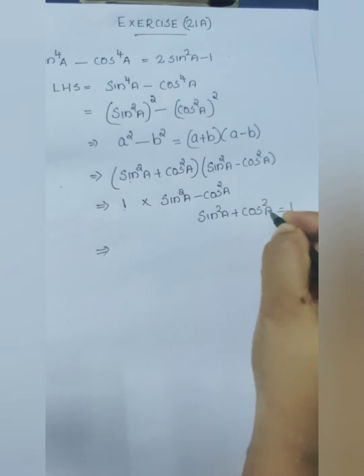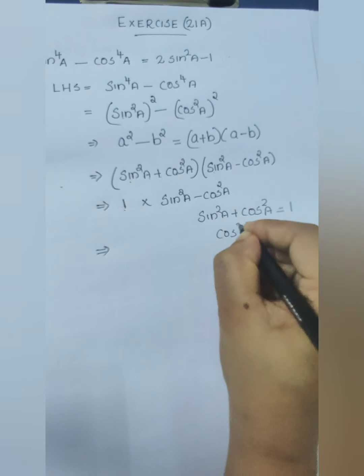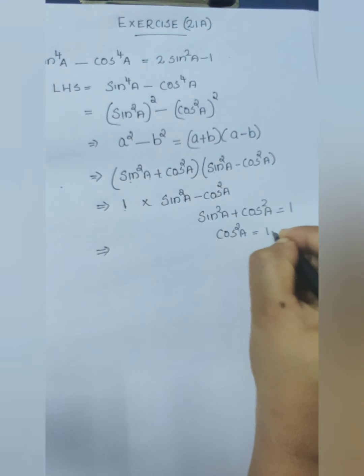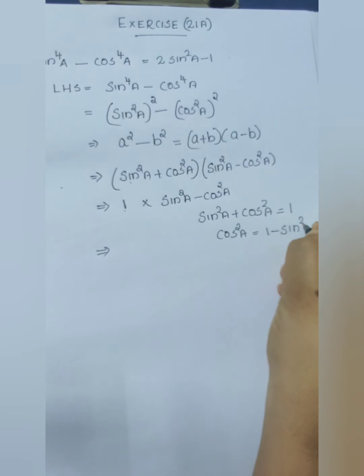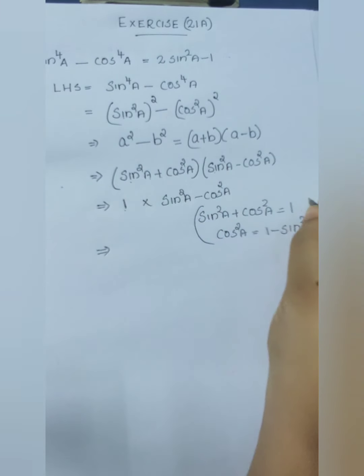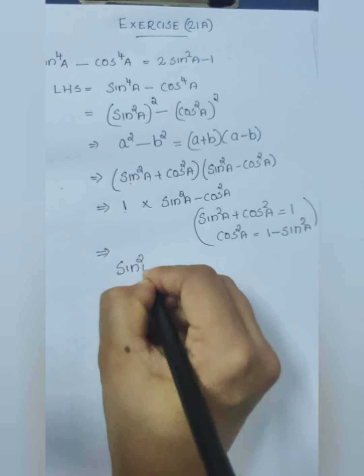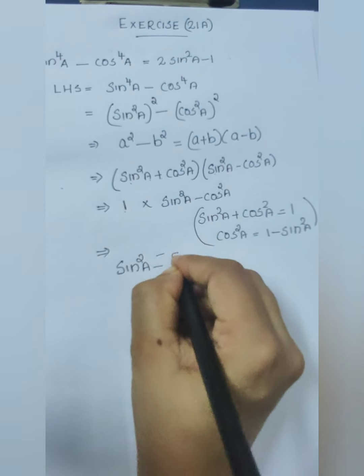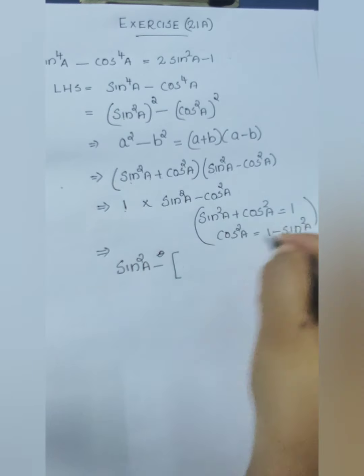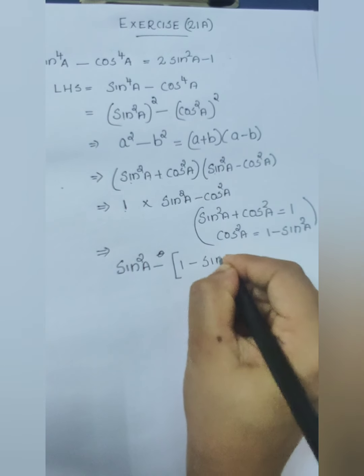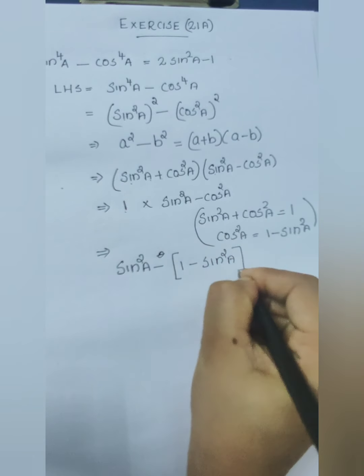From this equation we will get cos square a equal to 1 minus sine square a. Then this expression will become sine square a minus, instead of cos square a, 1 minus sine square a.